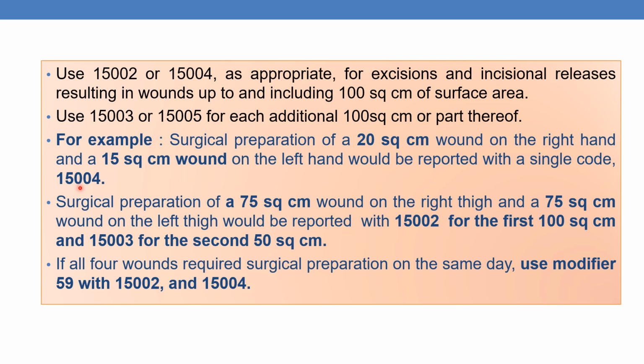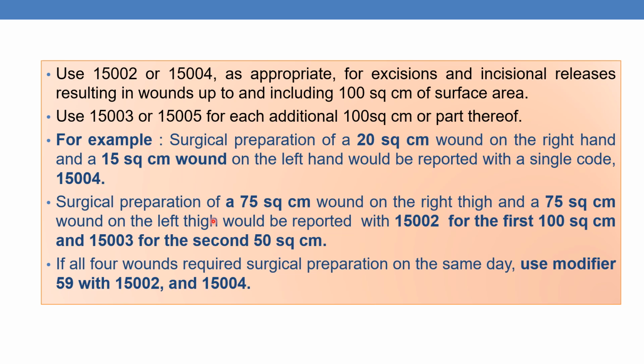The description is surgical preparation or creation of recipient site by excision of open wounds, burn, eschar or scar, for face, scalp, eyelids, mouth, neck, ears, orbit, genitalia, hands, feet, first 100 square centimeters.